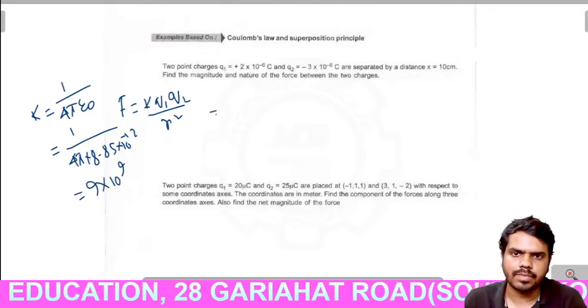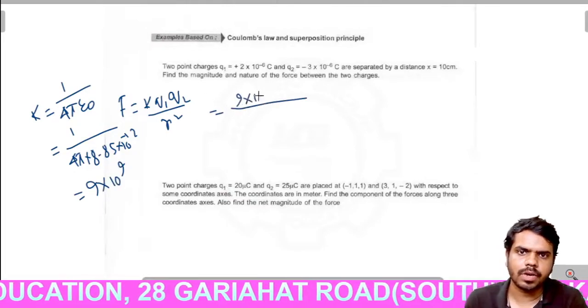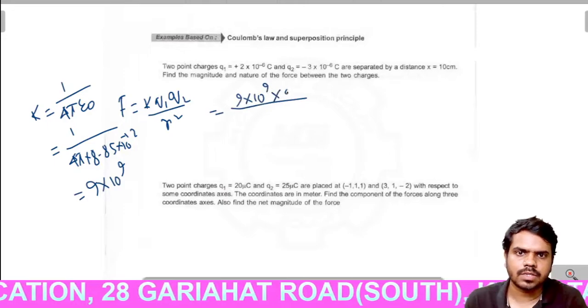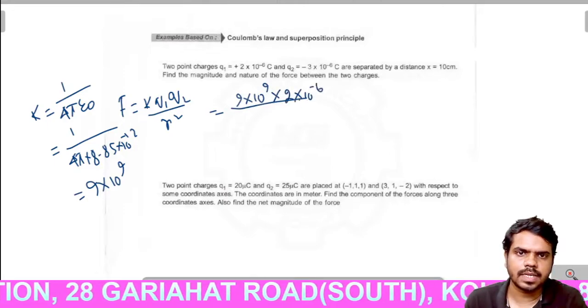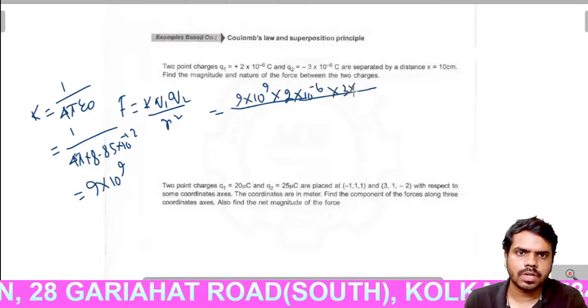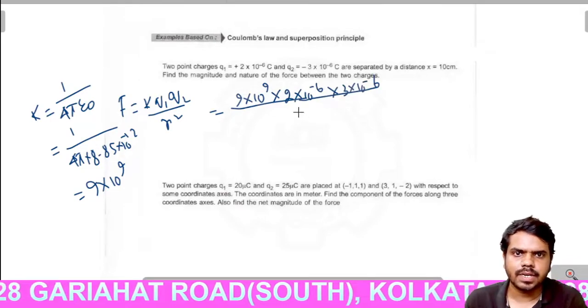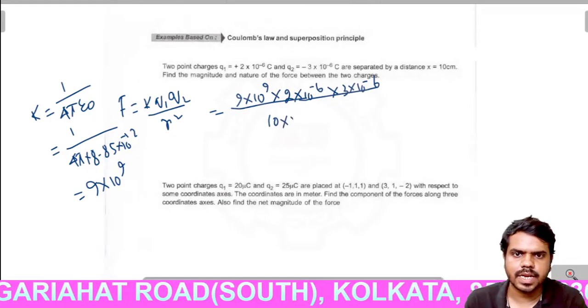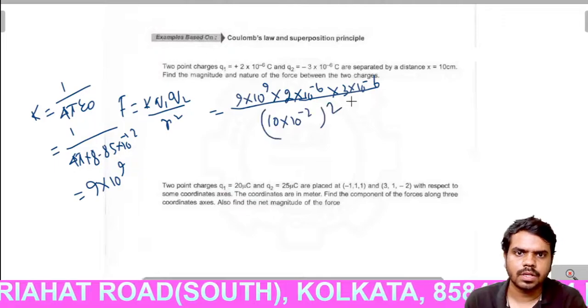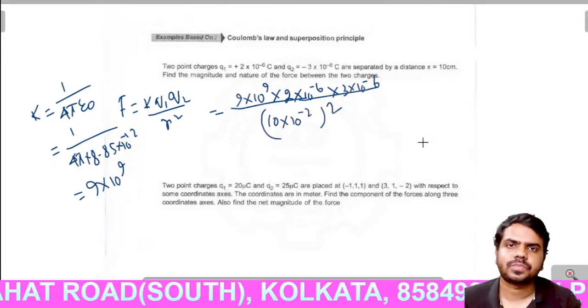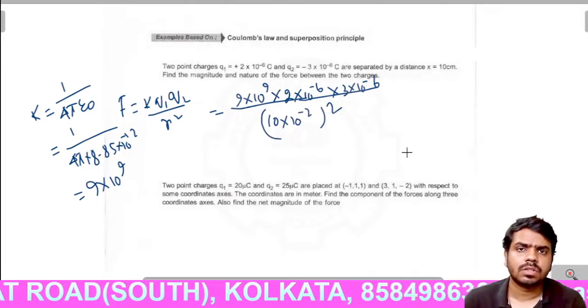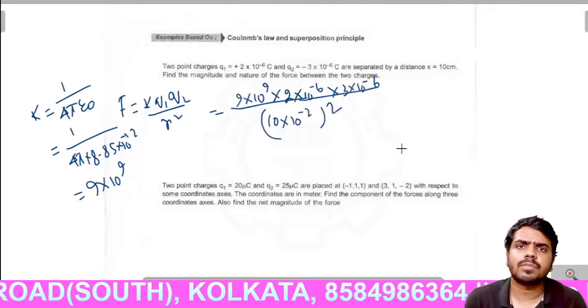So if you apply the value of K, that is 9 into 10 to the power 9 into 2 into 10 to the power minus 6 into 3 into 10 to the power minus 6 divided by the distance 10 centimeter, that means 10 into 10 to the power minus 2 whole square, you will get the answer. But where is the error prone area?